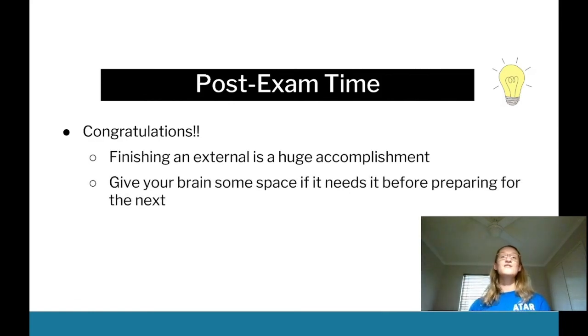Externals can be a bit of a hectic time because you have so much going on all at once, and it can feel very much like one thing to the next. But it is really important to make sure that you are looking after yourself during that hectic month, because if you're not giving your brain the space and time it needs to prepare before your next exam, you can end up wearing your brain out too much and not performing to your best ability.